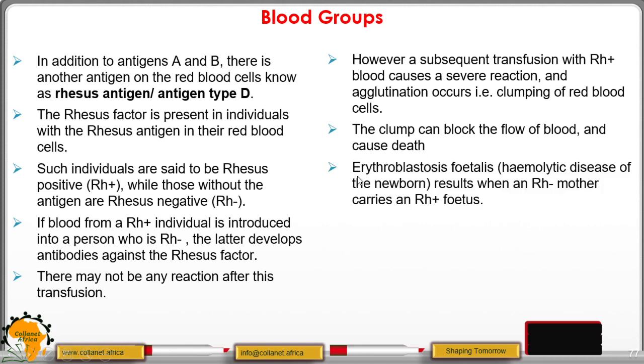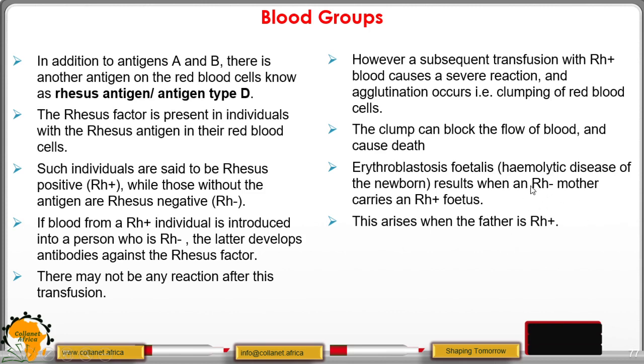So we have a condition called erythroblastosis fetalis, that is hemolytic disease of the newborn, which results when a Rhesus negative mother carries a Rhesus positive fetus. That is when the father is Rhesus positive. We shall discuss in Form 4 in detail, in the chapter on genetics, how this Rhesus factor is inherited.